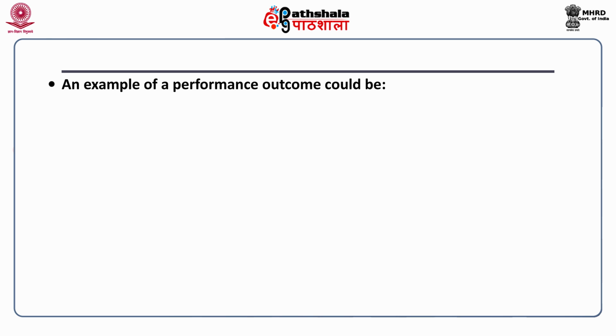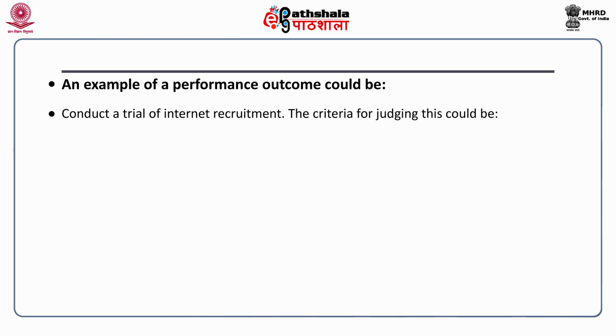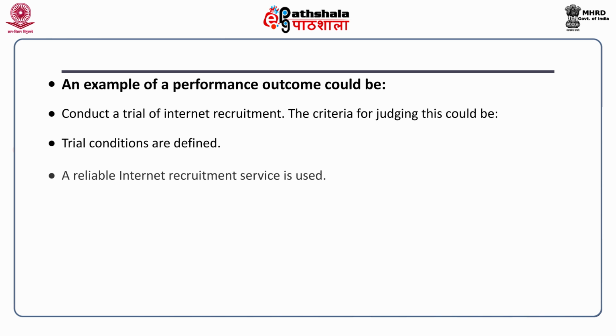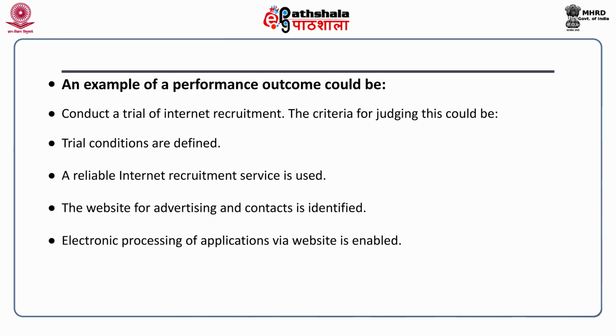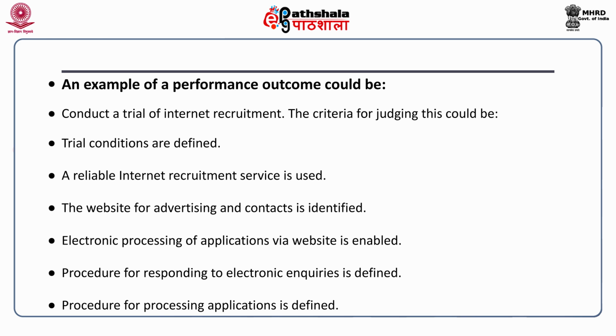An example of a performance outcome could be conduct a trial of internet recruitment. The criteria for judging this could be: trial conditions are defined, a reliable internet recruitment service is used, the website for advertising and contacts is identified, electronic processing of applications via the website is enabled, the procedure for responding to electronic inquiries is defined, and the procedure for processing applications is also defined.